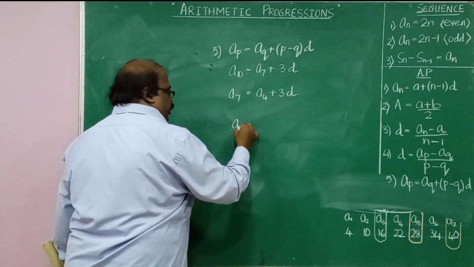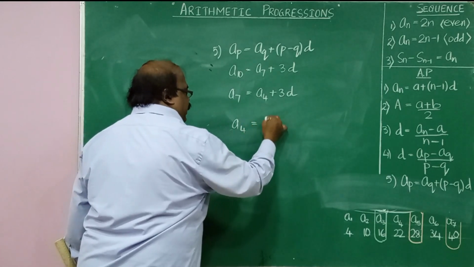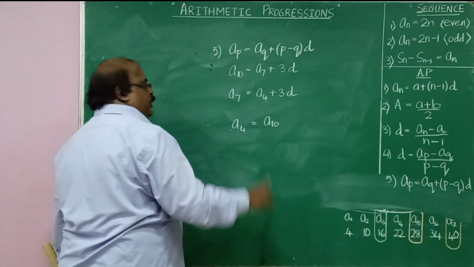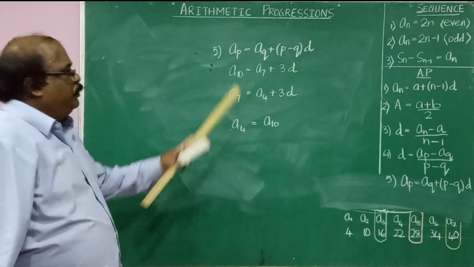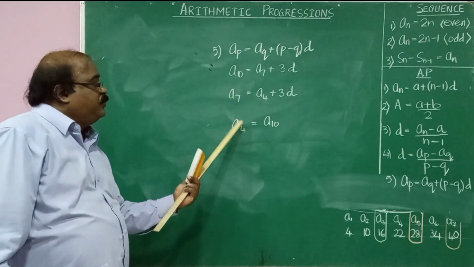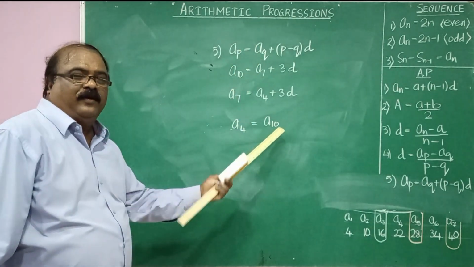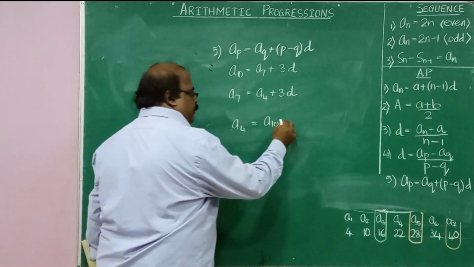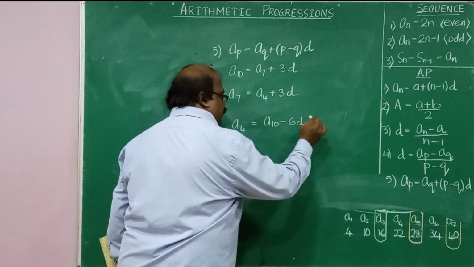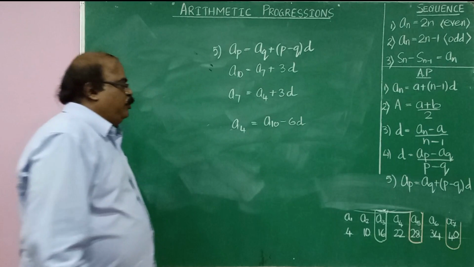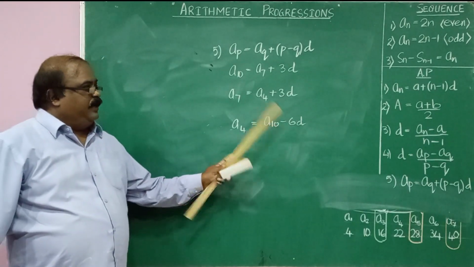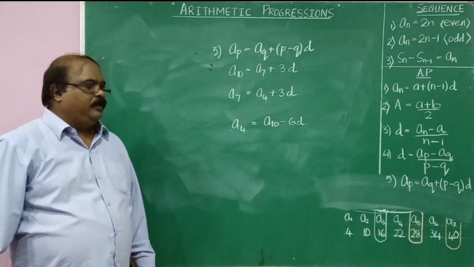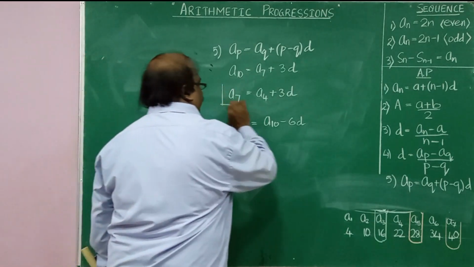If I ask you, what is A4 equal to in terms of A10? What should I write there? (P minus Q) D. What is 4 minus 10? Minus 6D. What is A4 equal to? A10 minus 6D.